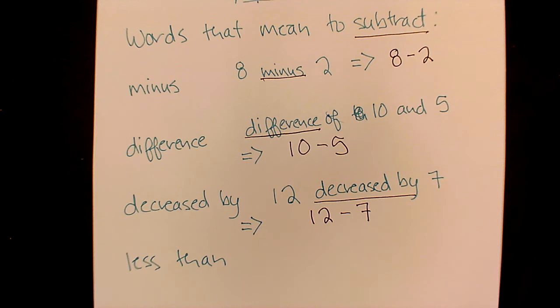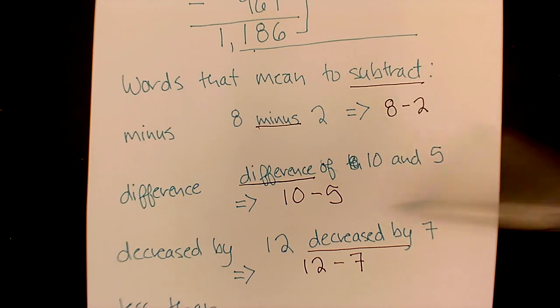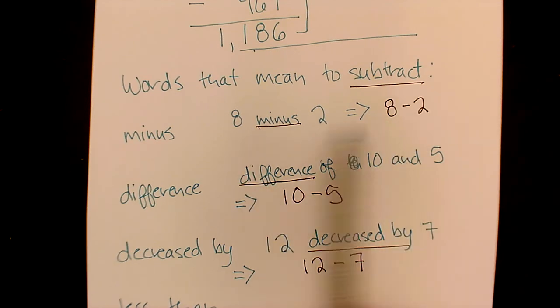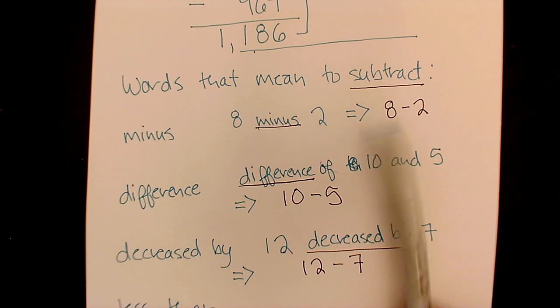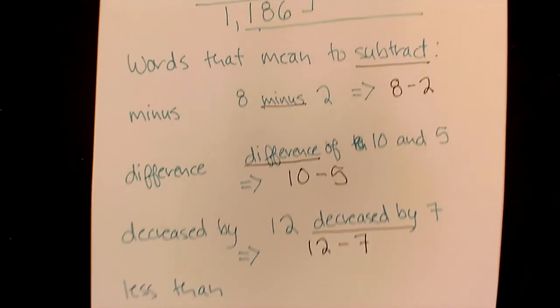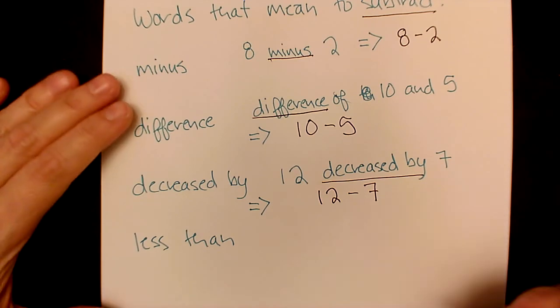Here, the last two is where they get tricky. So, our first 3, we just wrote the first number first with the minus and then the second number second. We just wrote it left to right. Less than, the order is changed.